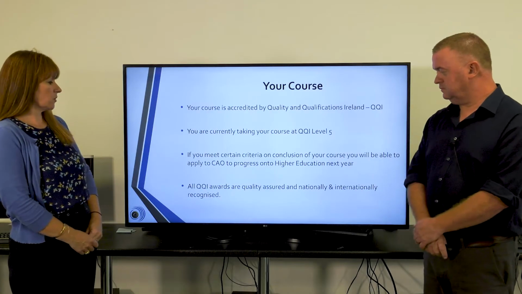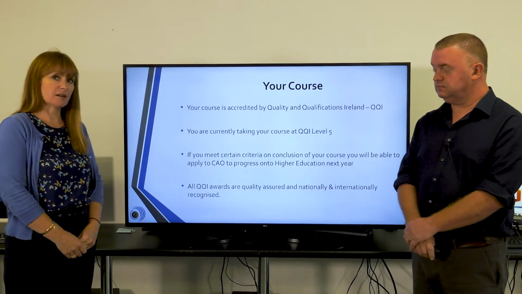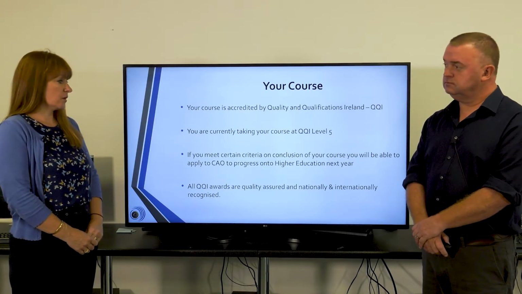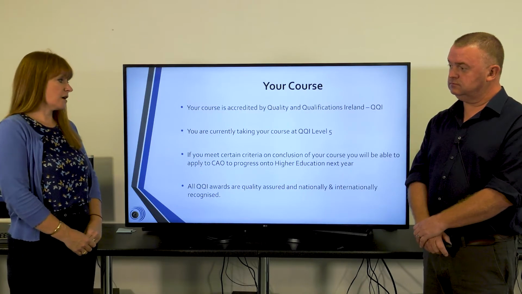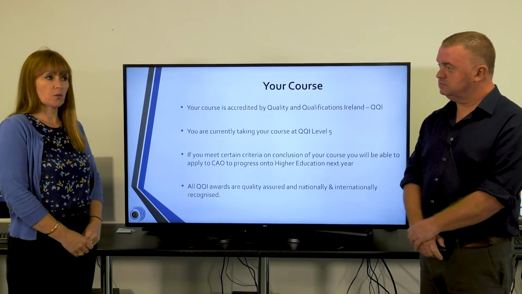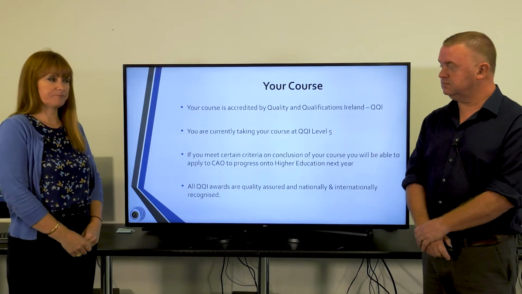All QQI awards are quality assured and nationally and internationally recognised. That's important. You can use your award to go to other countries outside of Ireland, but also through the link scheme you can use your QQI award to link into higher education internationally and nationally.